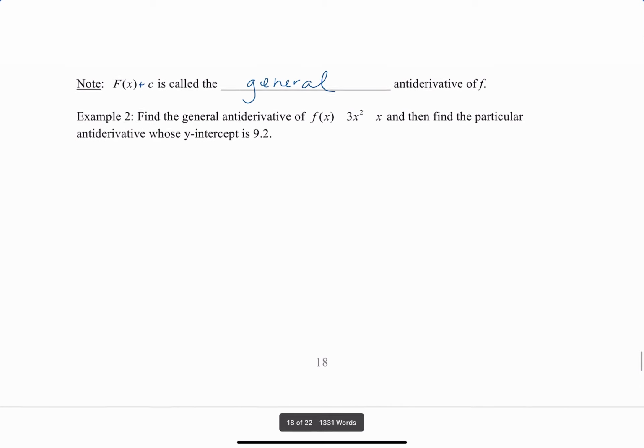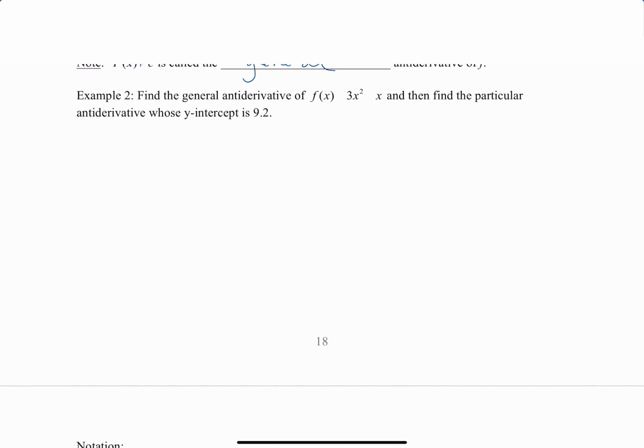So for example, let's find the general antiderivative of f of x equals 3x squared plus x. And then let's find a specific particular antiderivative whose y-intercept is 9.2. So to find the general antiderivative, first of all, we ask ourselves, what would one antiderivative be? What would the easiest one to find be?